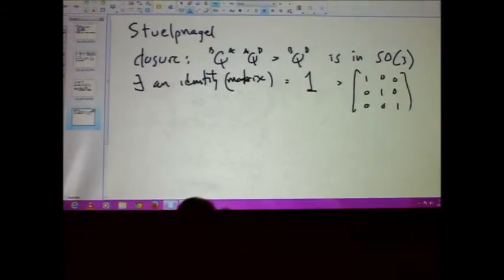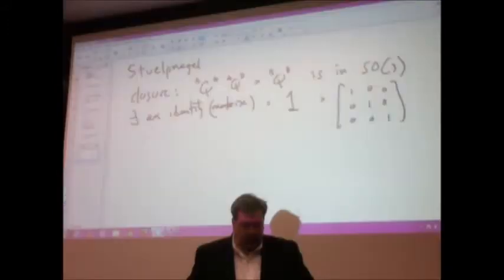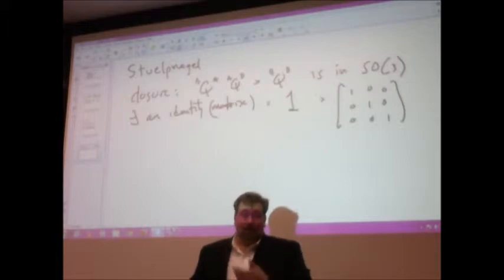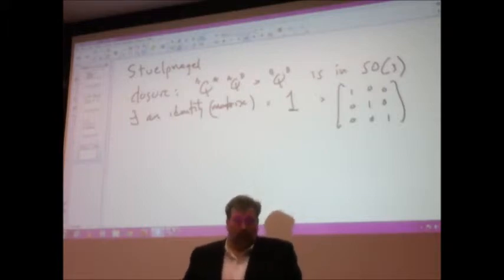So this 3x3 matrix is the matrix that when you multiply it by another direction cosine matrix, you just get the same direction cosine matrix, or when you multiply it by a vector, you get that same vector back. And that identity is itself a member of SO3. In other words, this is a kind of direction cosine matrix. It's the direction cosine matrix associated with no rotation whatsoever.